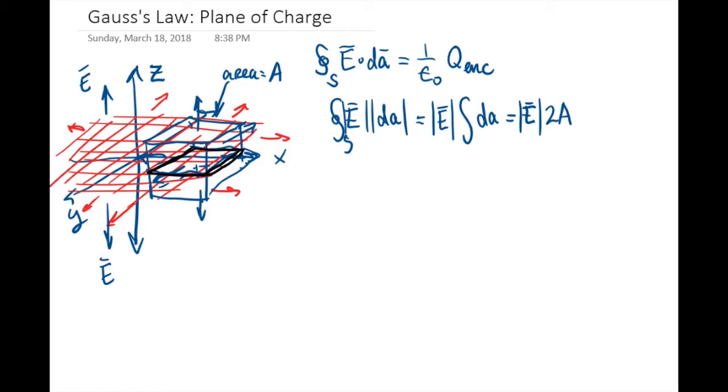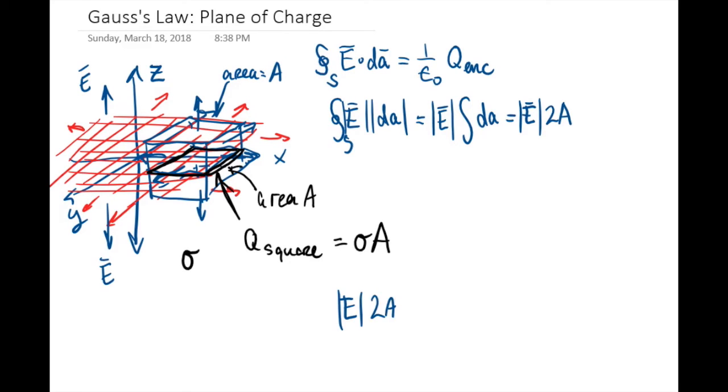So that's parallel to the top and the bottom face, and it also has an area of A. So this infinite plane of charge has a uniform charge density, which we will call sigma, so that the charge of this square here is just going to be sigma times its area, which is A. So we have that E times 2A equals sigma A over epsilon naught. The A's cancel. And we have that the electric field equals sigma over 2 epsilon naught.